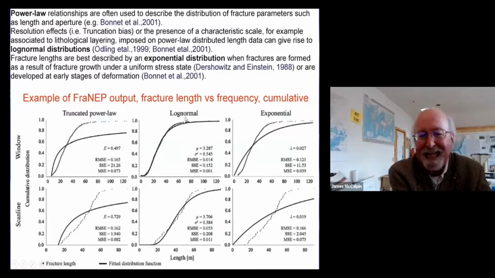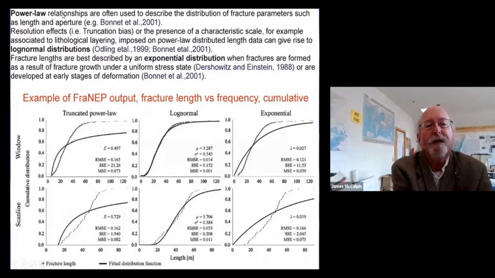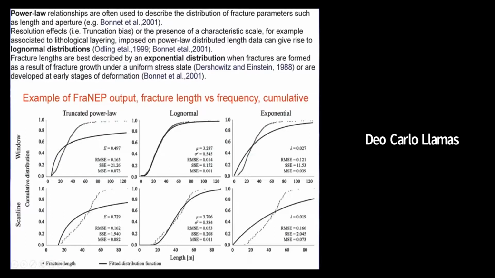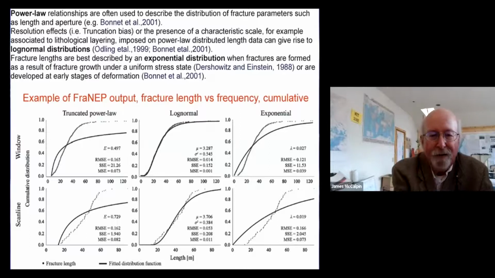And clearly, in this data set, log normal is the best fit, even though most of the literature on fracture statistics says that they should obey, or do obey, power laws. And when I saw this log normal, the power law fit is pretty poor here.